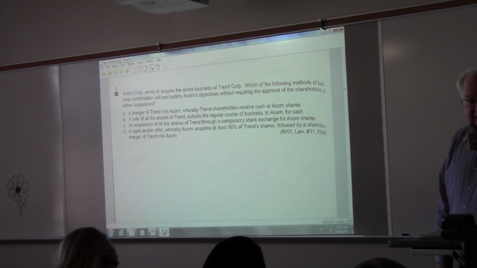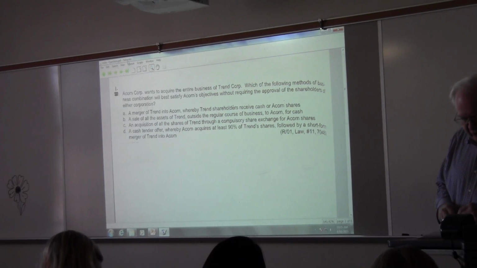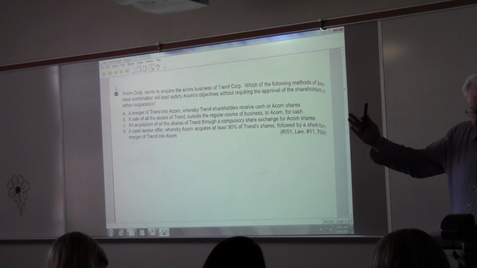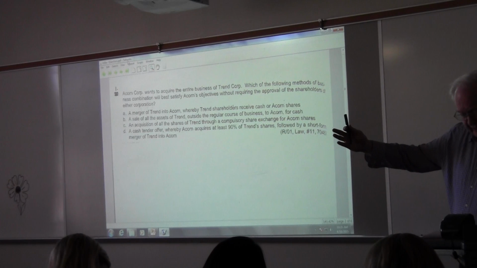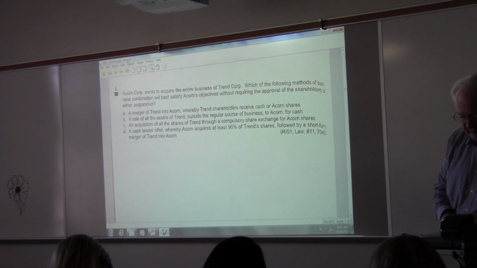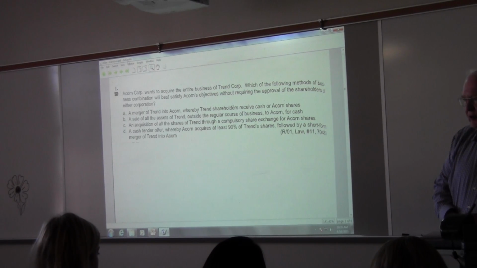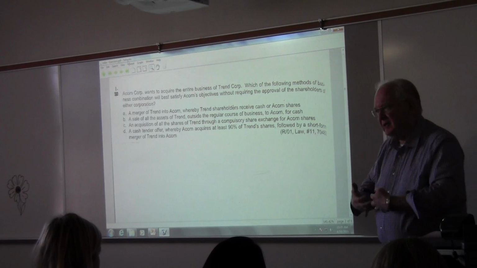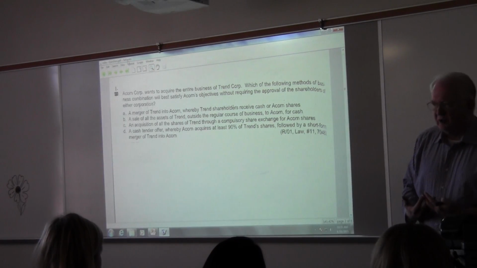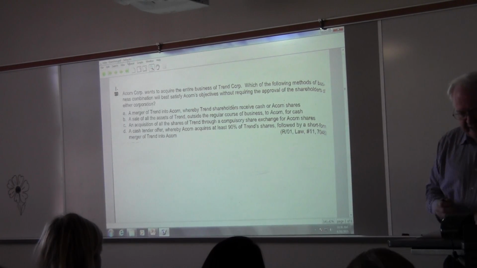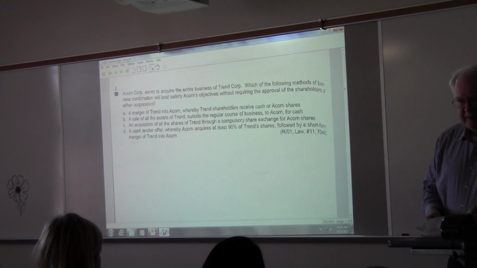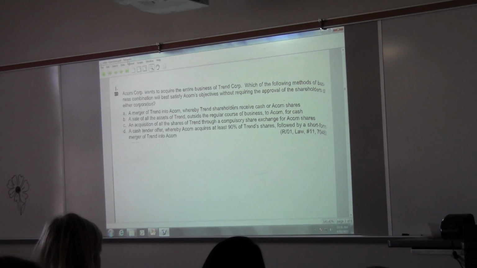Yes. And then D, a cash tender offer whereby Acorn basically goes on the market and acquires at least 90% of Trent shares. That, Katie, doesn't require shareholder approval because the shareholders have to agree to sell the stock, but there is no shareholder vote. So, Katie, the answer is D, as in dog. Taylor, you agree? Yes.